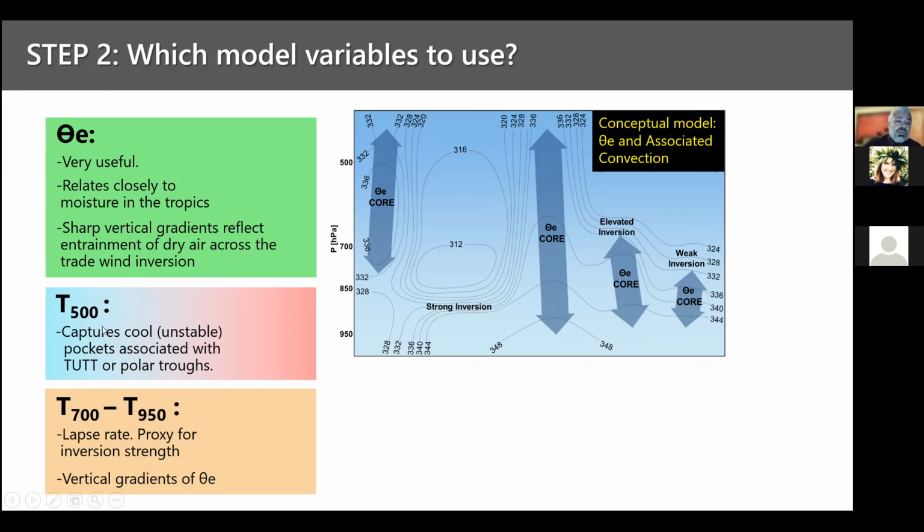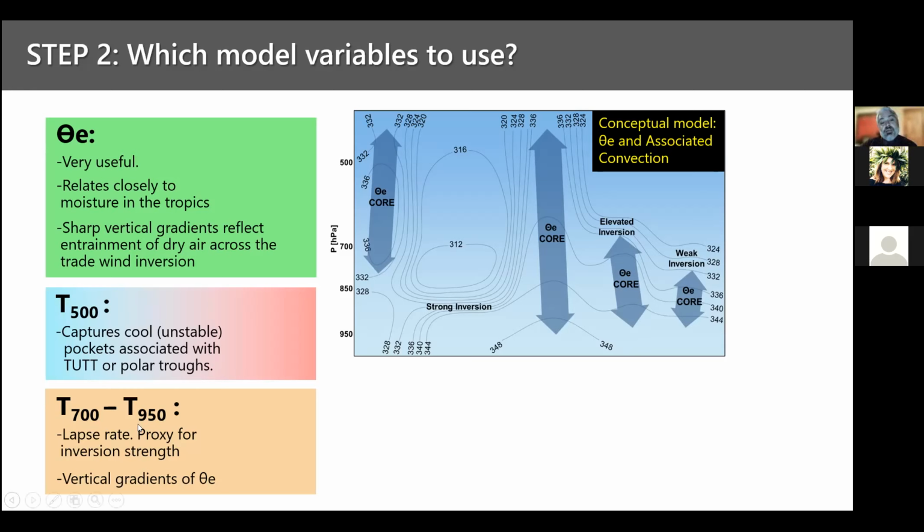Then we also looked at temperatures at 500. Most of the indices use them, and it's because they matter. They speak about the stability in the mid troposphere, and that's very important for trade wind convection, because convection is trying to grow, right? So it really matters what type of stability you have right above it. And so 500 temperatures work very well.